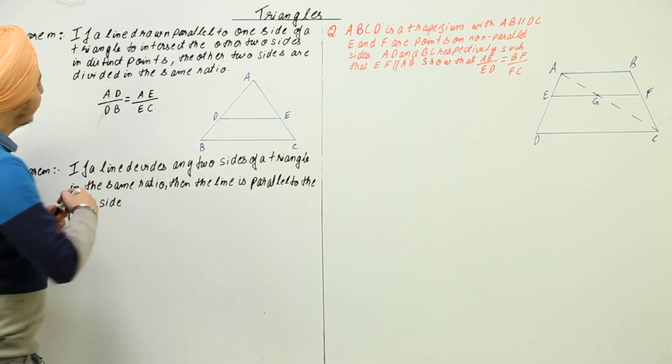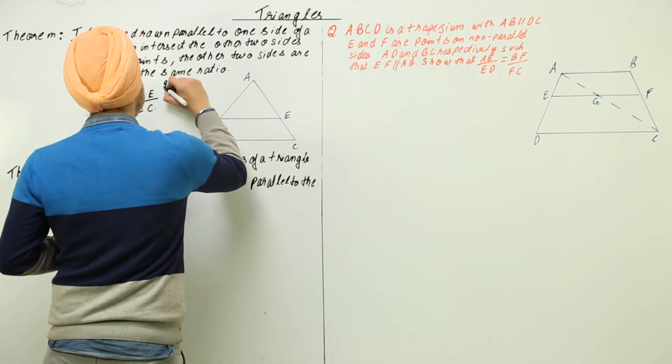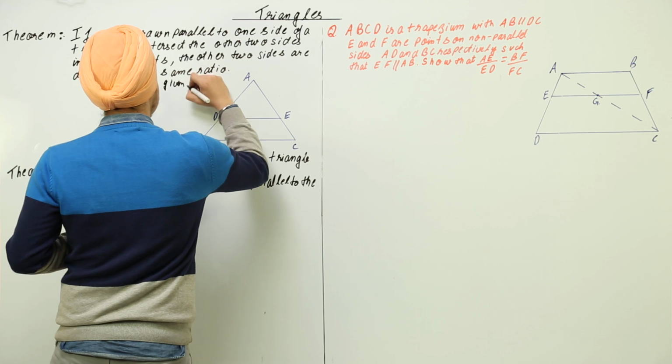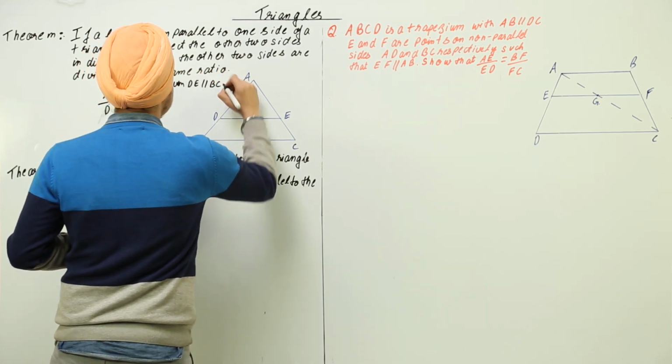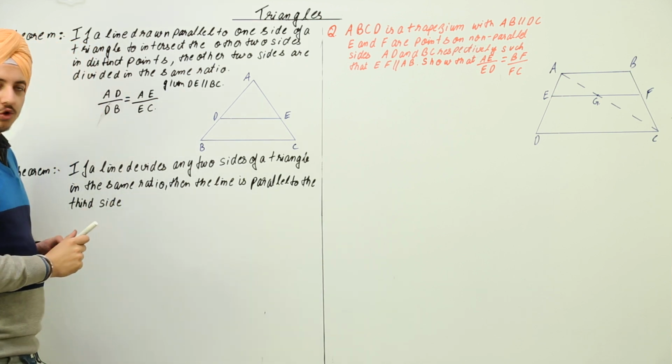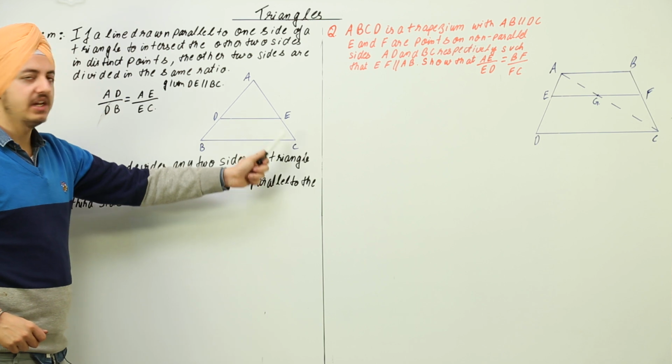Correct? What is given over here is DE is parallel to BC. If DE is parallel to BC, AD upon DB is equal to AE upon EC.